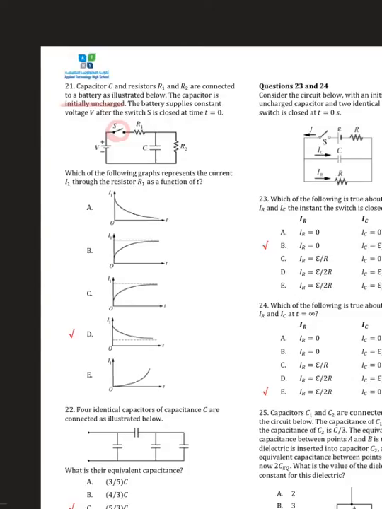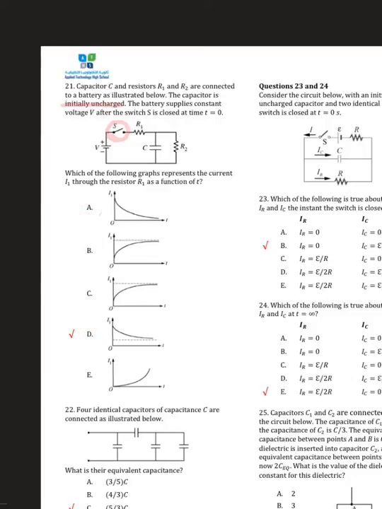Yeah, the current I1 is going to decrease, and you can see that it decreases as shown in the diagram D as well as in A. In both of them, it's decreasing. Okay, but we are going to choose answer D.